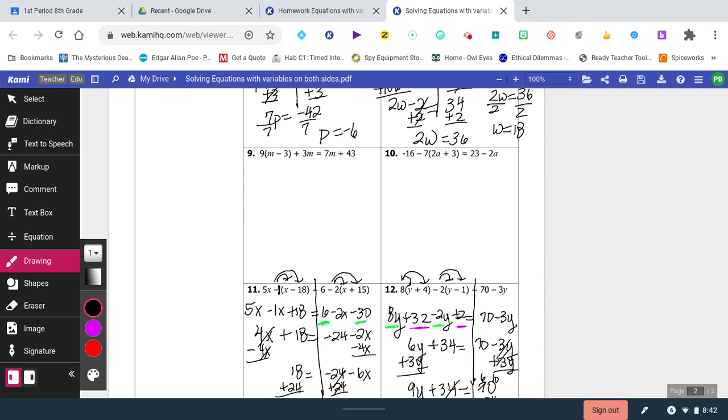Again, I didn't do 9 and 10. Let me see if I can tell you what the answer should be real quick. So if you want to try it, you can. So you have 12m minus 27, 7m plus 43. That's going to give you 5m. And that's going to end up being 70. Okay, so you should probably end up, I think this would be 14.